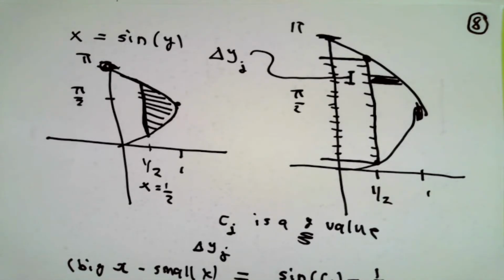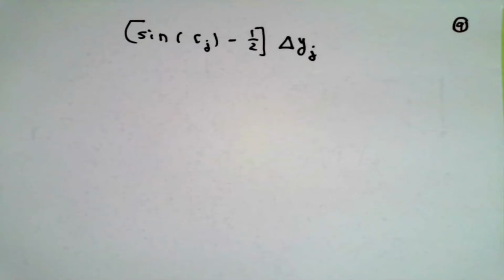This will be true for all the different subchunks that we're looking at. The area of that one particular rectangle is approximately what I get when I multiply delta y number j by sine of Cj minus 1/2, to get an estimate for the total area.